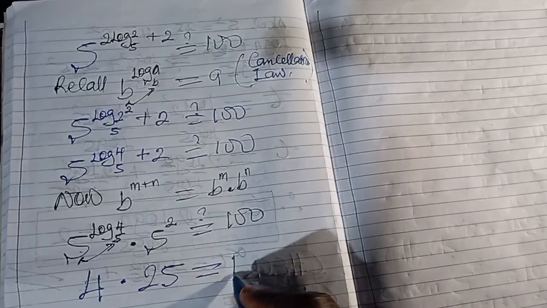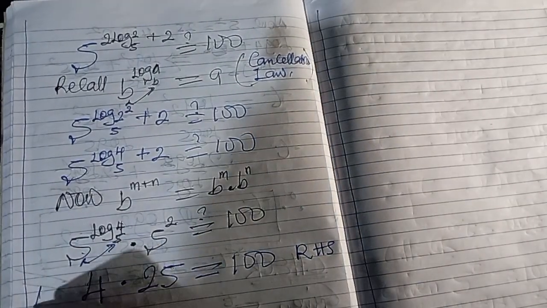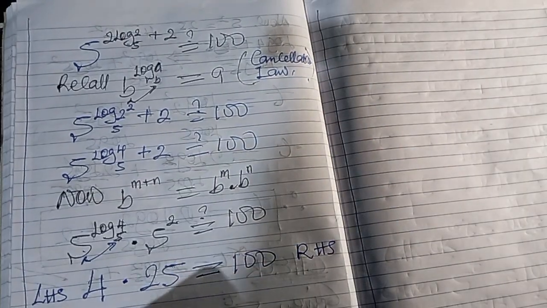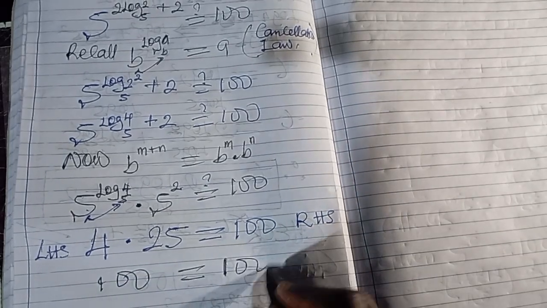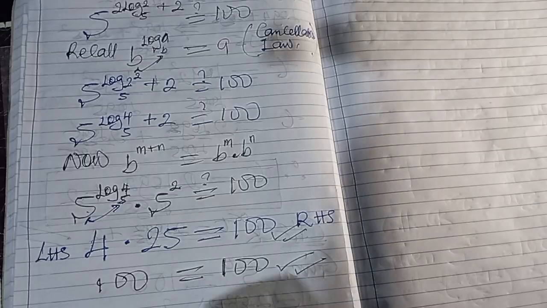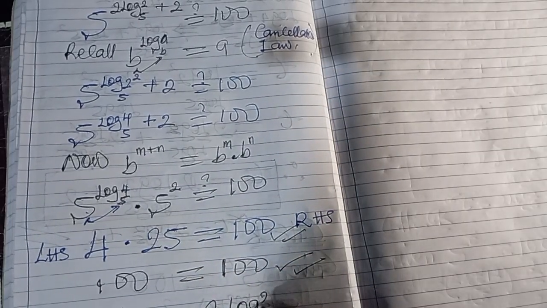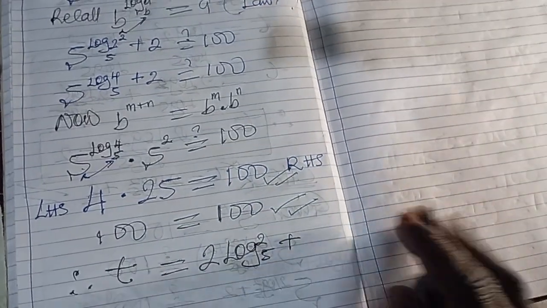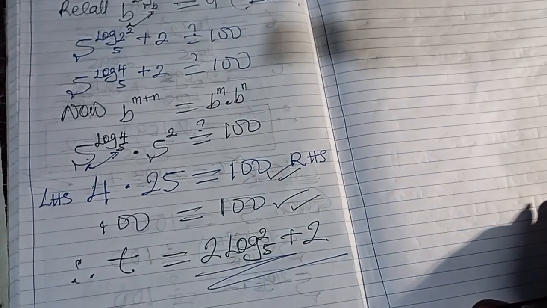Is it 100? Yes. So this is our right hand side and this is left hand side. 4 times 25 is 100, equals 100 in both parts. Therefore, we can say that t is equal to 2 log 2 base 5 plus 2. Okay, so this is the value of t.